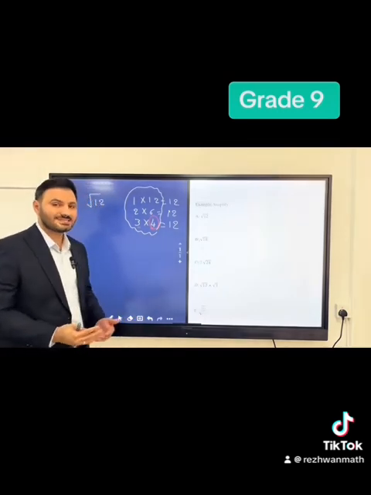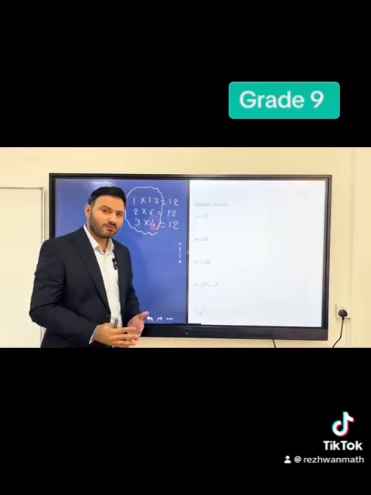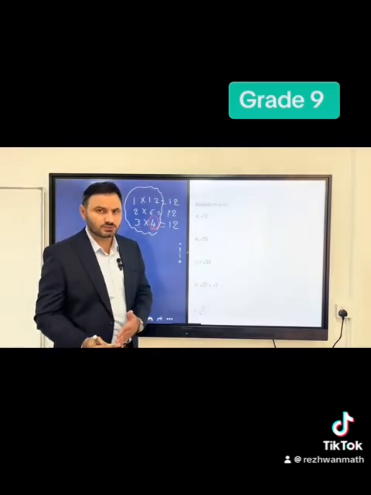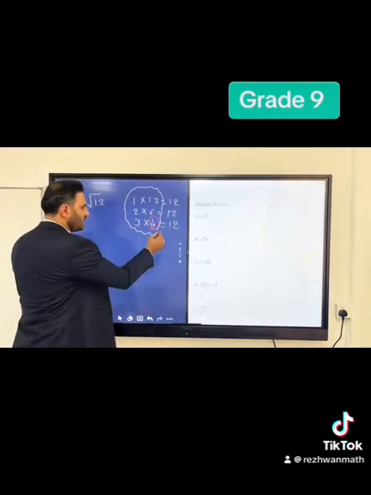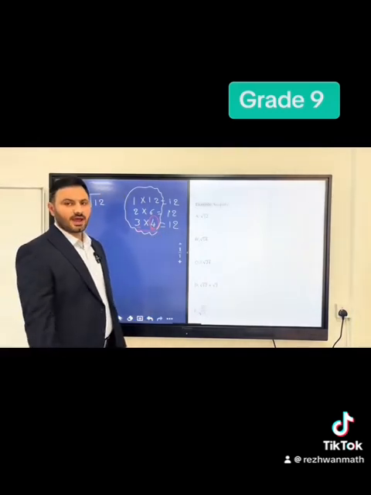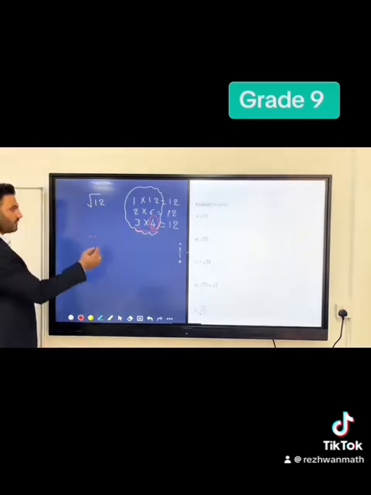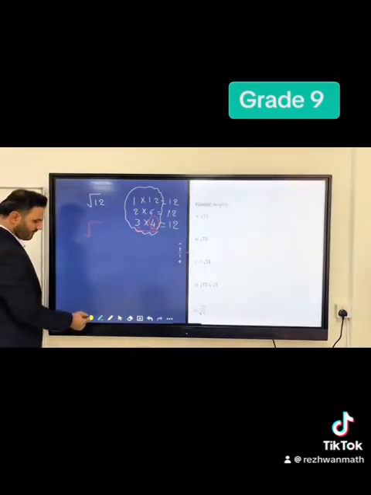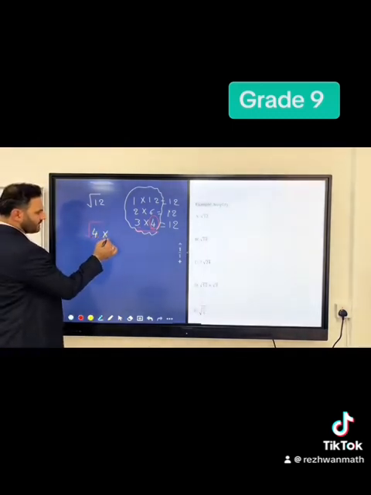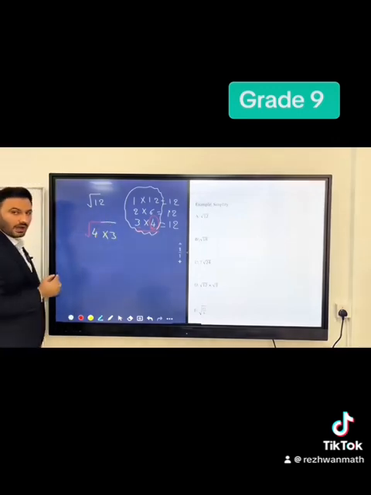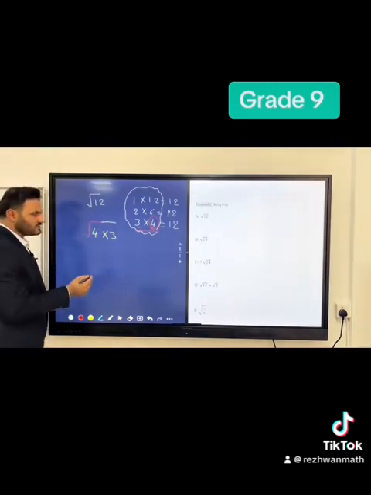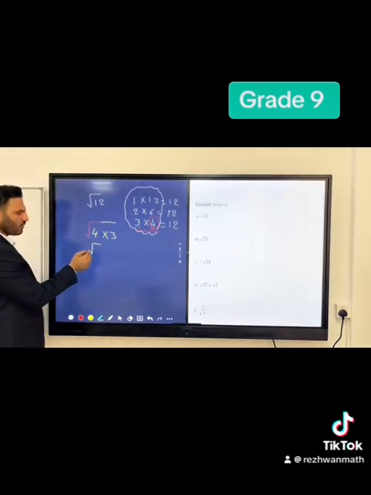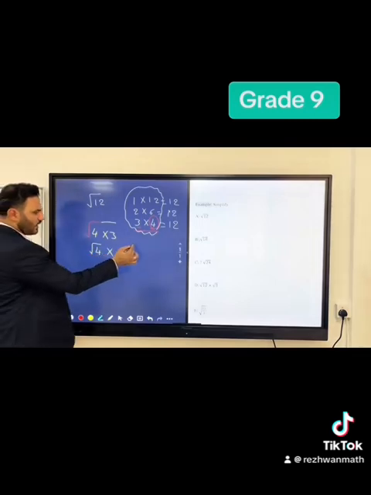Now, we can say to simplify a non-perfect square, we have to use a perfect square. Okay? Now, we need to choose 3 times 4 instead of 12. Okay? Now, we have 4 times 3. Then, by using the rule, we have to distribute the square root for both numbers.